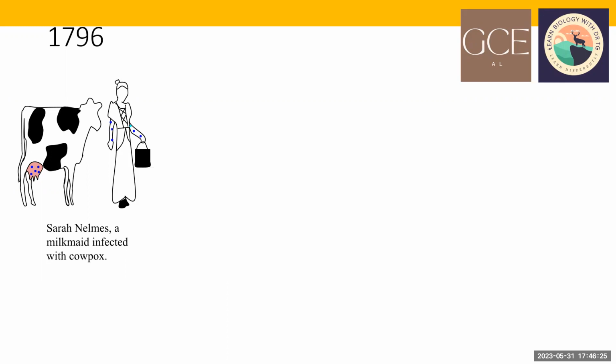You know, cows also get a similar kind of disease from a virus. They also get this kind of skin blisters, which is called cowpox. But cowpox is not exactly the same virus infecting humans. Cowpox is cowpox and smallpox, they are two different viruses.